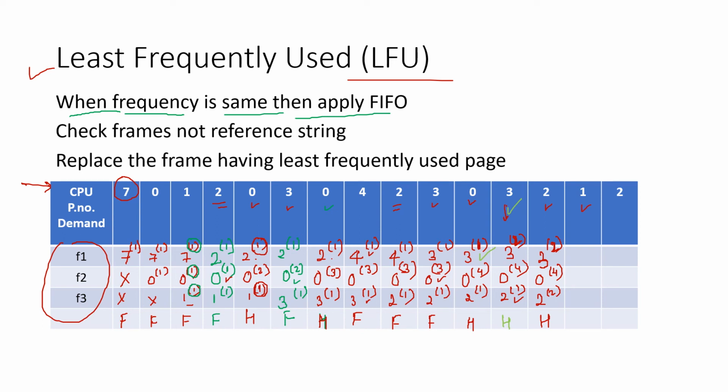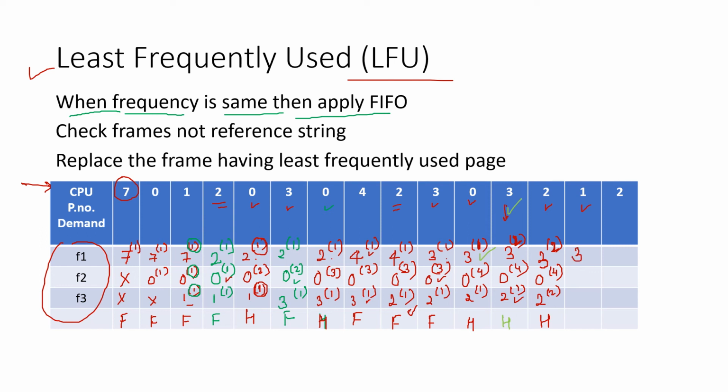Now I want to bring 1 into main memory. Which frame will I replace? 3 and 2 have the same frequency, but 2 has entered long back, 3 has entered here, and 2 has entered here. So you can replace 2 by 1.